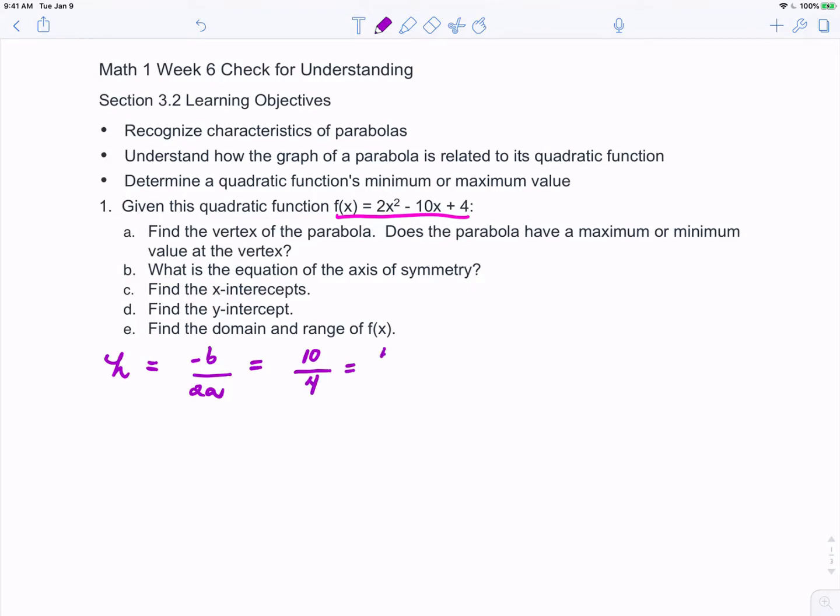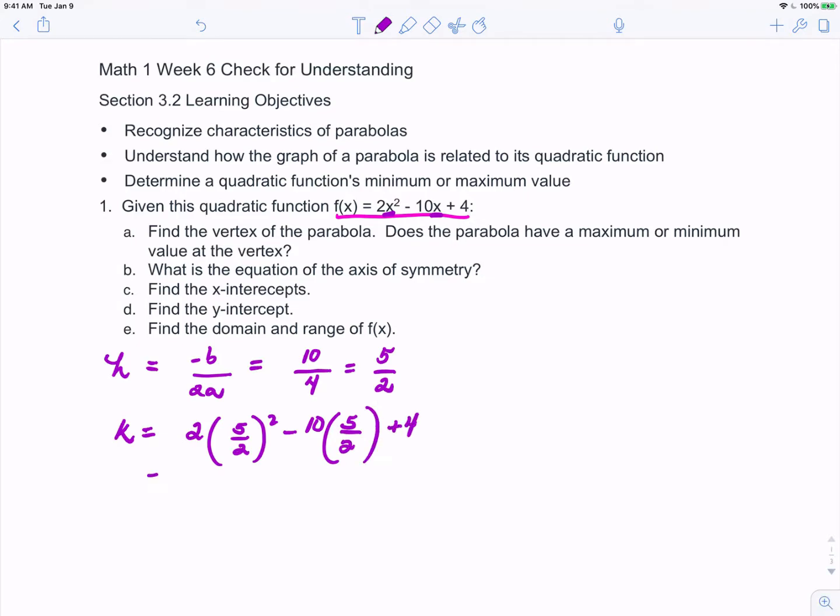So in other words, 10/4, or if you'd rather, 5/2. Okay, now to find k, the y-coordinate of the vertex, you have to plug 5/2 into the equation of the parabola. So k would be equal to 2 times 5/2 squared minus 10 times 5/2 plus 4.